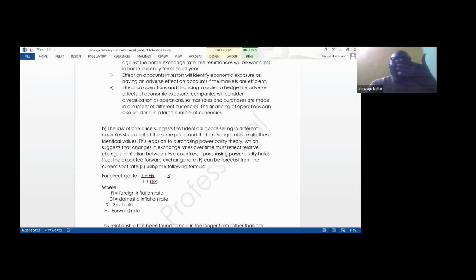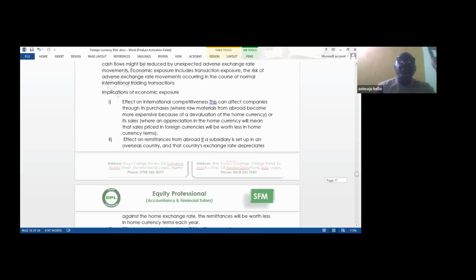We can forecast exchange rates with inflation with the equation given below. We can read more on this.